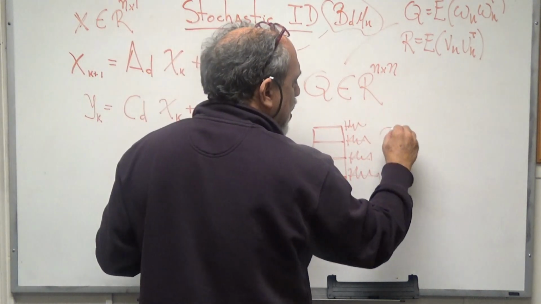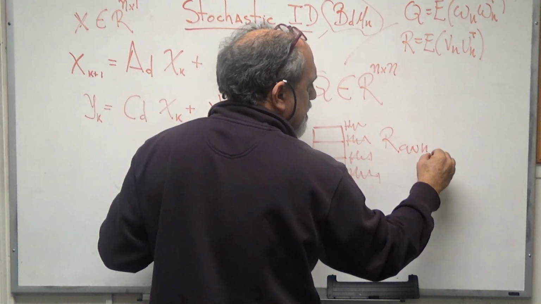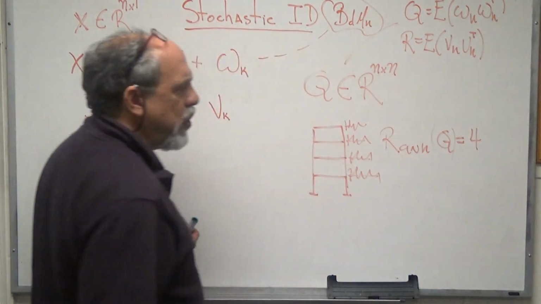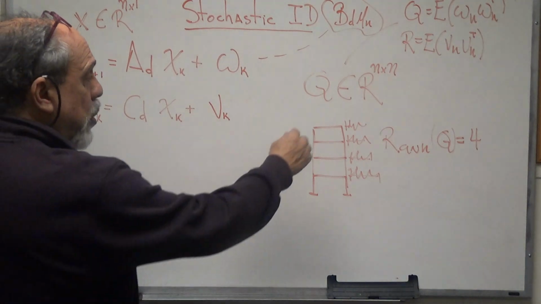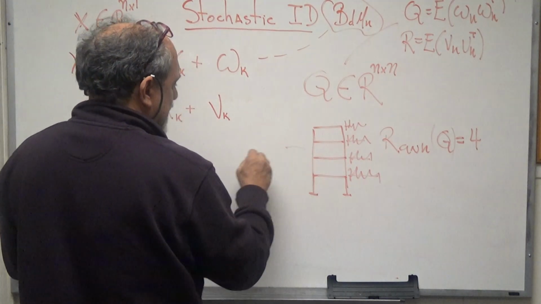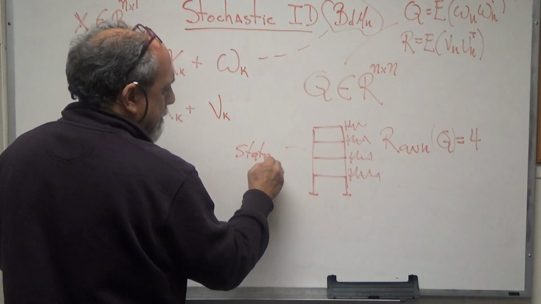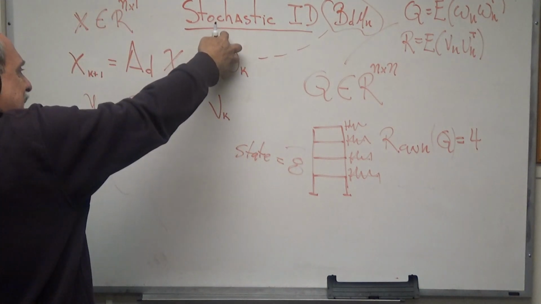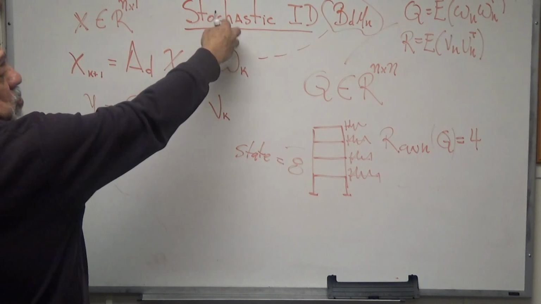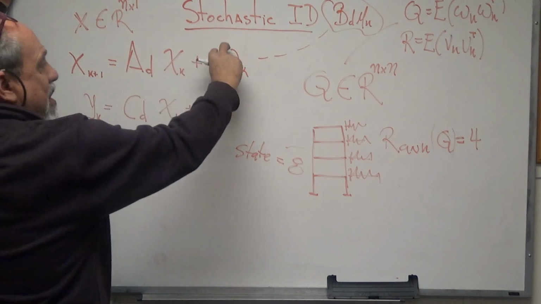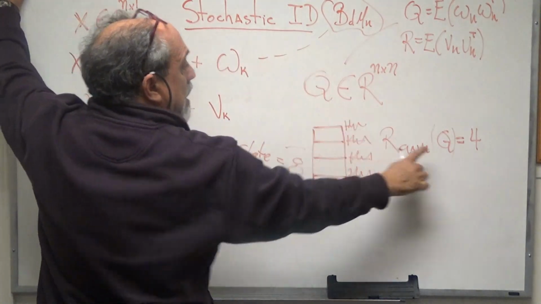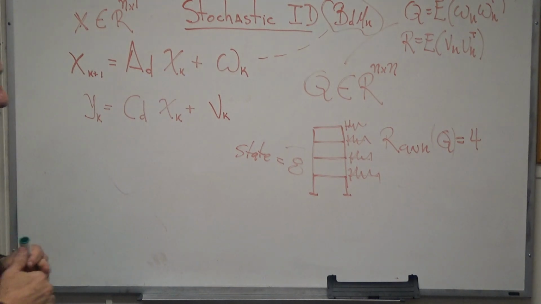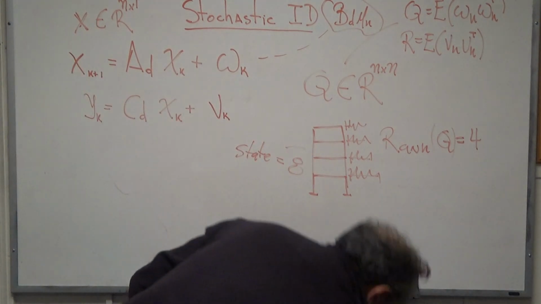So the rank of Q here would be 4, not 8, even though the state here is of dimension 8. Even though this vector has 8 entries, the rank of Q is no more than 4, or no more than half the order. All right? Keep that in the back of your mind.